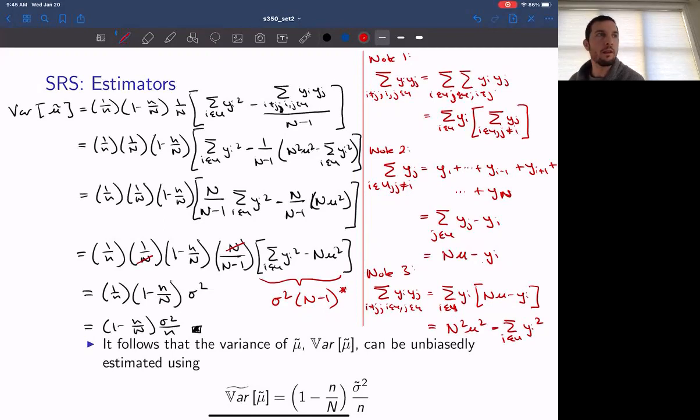One of the things that will inevitably come up is that we're defining sigma squared to have a denominator of capital N minus 1. And we know that in practice, sigma squared has a denominator of capital N, not capital N minus 1.